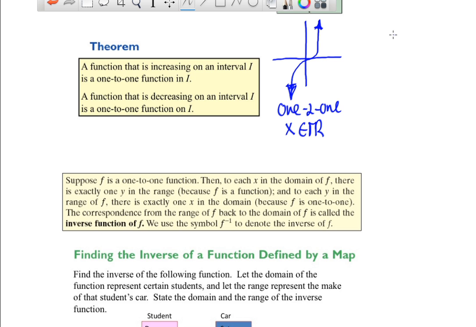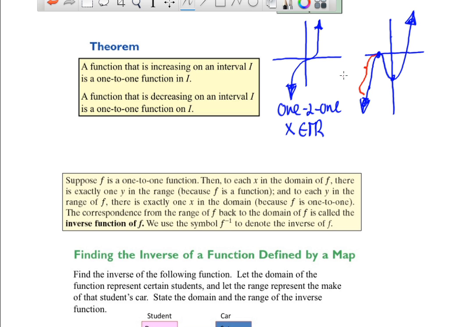But I can also have a cubic function that maybe looks a little more like this, with a pronounced hump. Definitely not one-to-one anymore. However, if I divide this into its little chunks, then on this part, from here to here, it's only increasing.